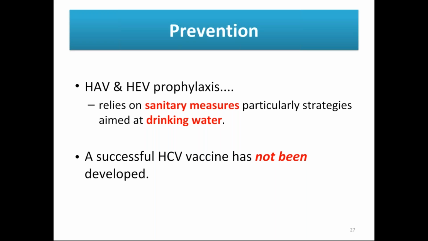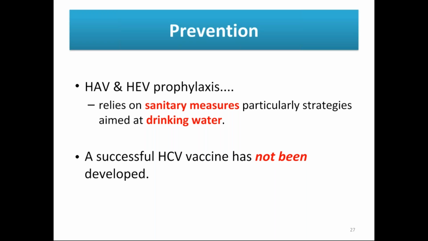There is a vaccine for HBV, the HBsAg vaccine, the hepatitis B vaccine, which is present in your Indian Academy of Pediatrics vaccination schedule. Hepatitis B is included, whereas the hepatitis C vaccine is still not in an advanced stage of production.